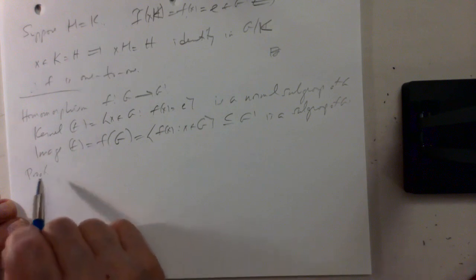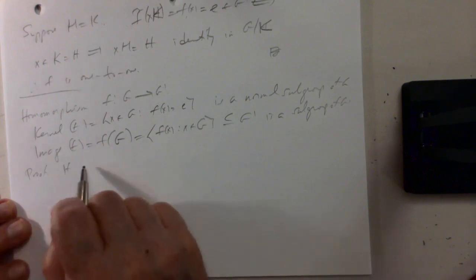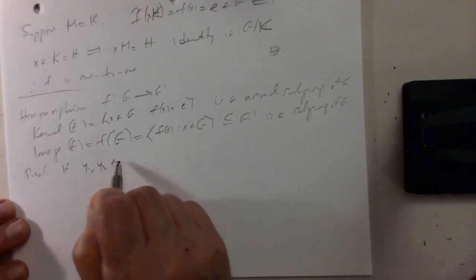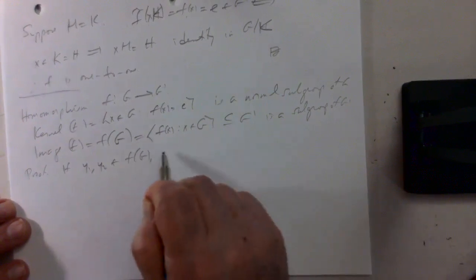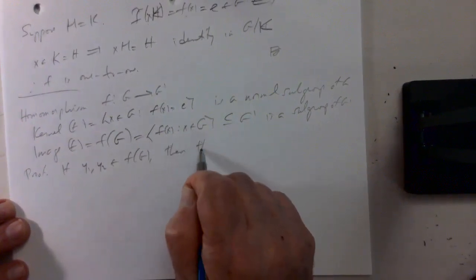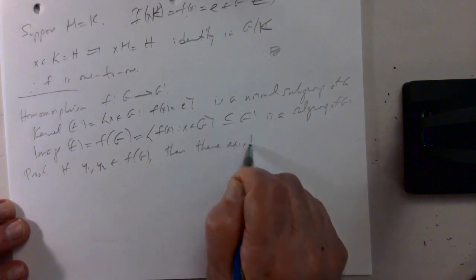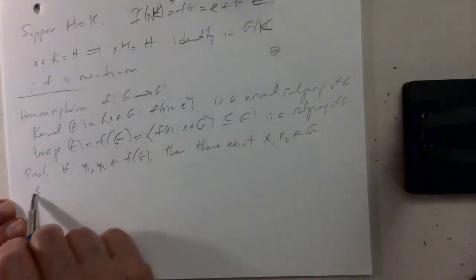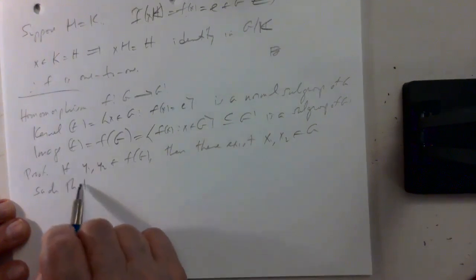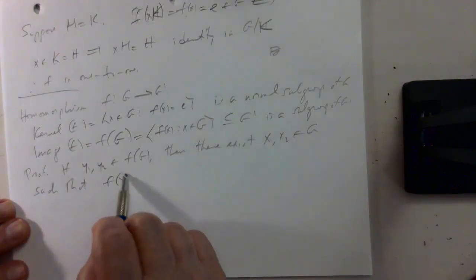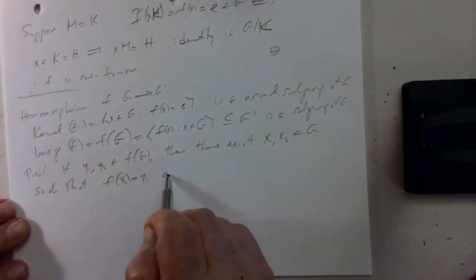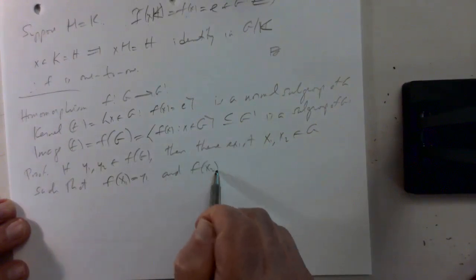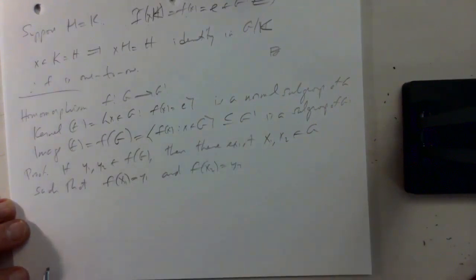What is the proof of this fact? Well, if y1 and y2 are in f of G, then there exist x1 and x2 in G such that f of x1 equals y1 and f of x2 equals y2.